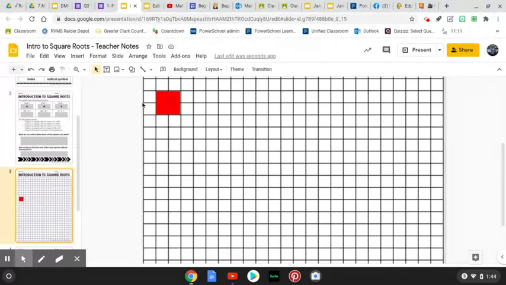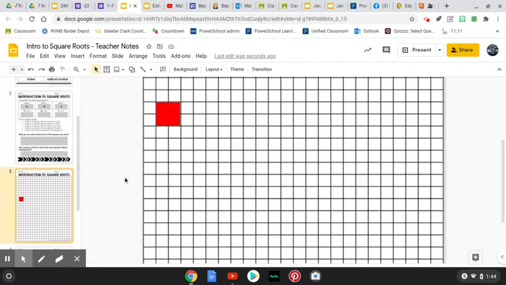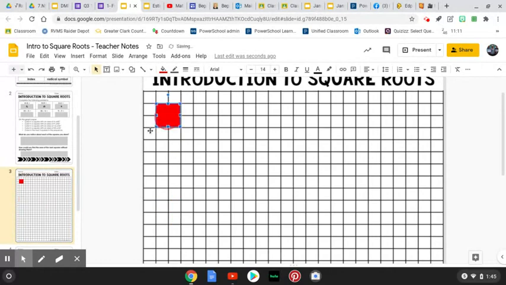How did I get that? I got that by 2 units times 2 units. So 2 times 2 is the 4. Let's go to the next one. It says an area of 9 units. So it's a square with an area of 9 units. So if I want one with an area of 9 units, I got to go back up to my tools. I got to get my square.